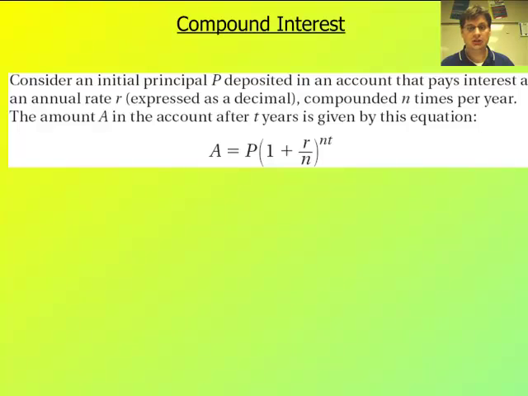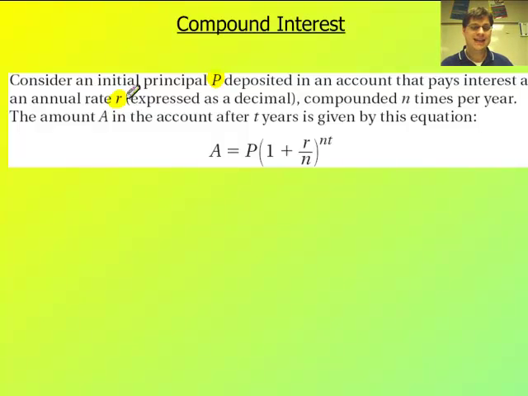The principal is the starting amount, denoted by the variable P. So let's say I deposit $1,000 in an account that pays interest, and that interest rate is denoted by the variable R, and this is always expressed as a decimal. So if it's 10%, we'd substitute in 0.1 for R.